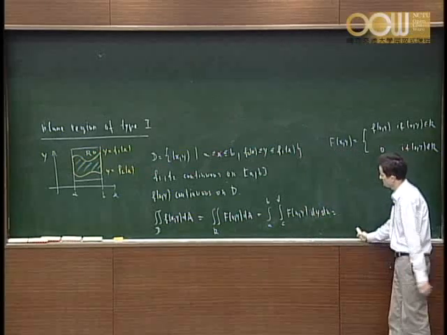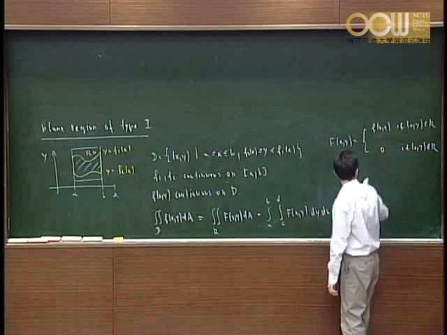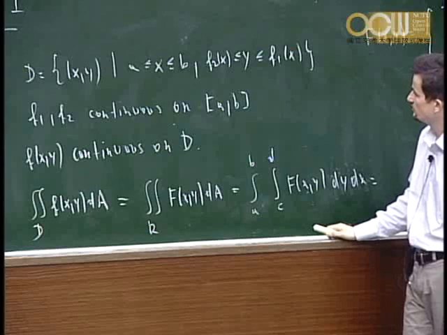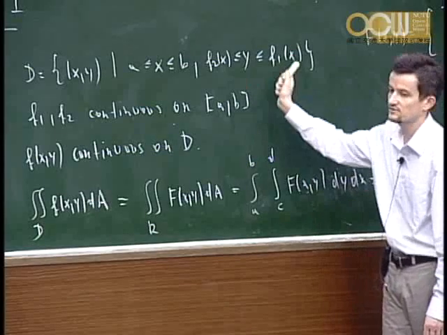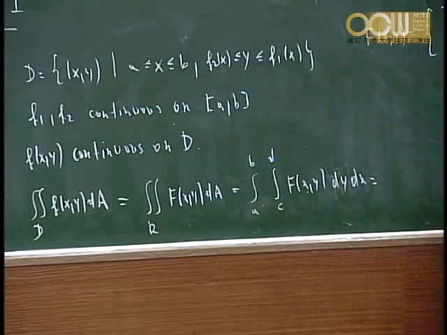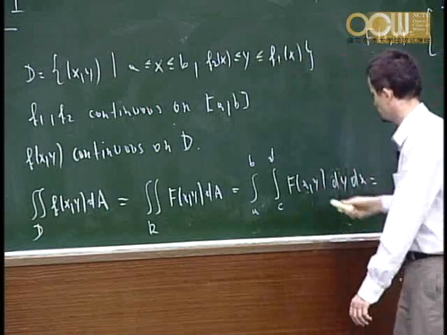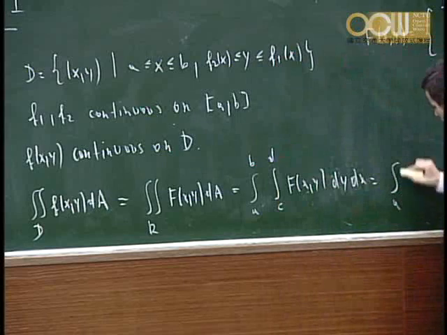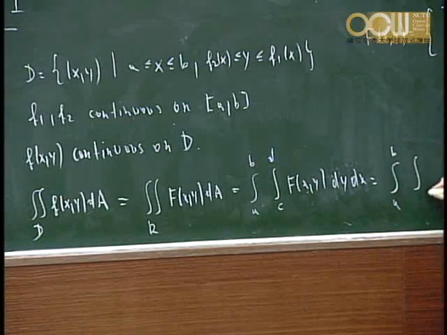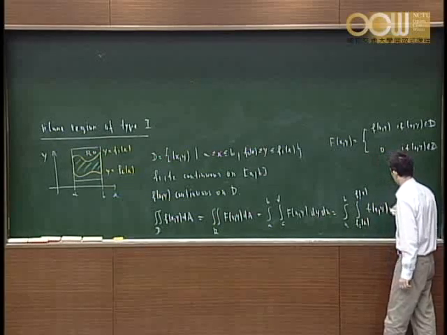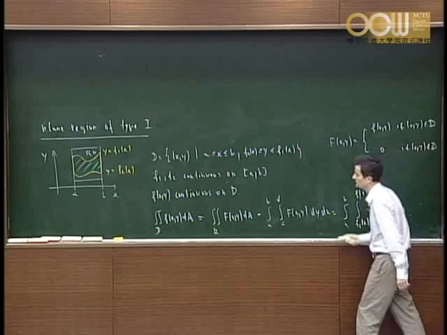But you see that here you can restrict, because this function is 0 if you're outside of R. When x is fixed, then we are inside of D if y satisfies this, and outside of D if y does not satisfy this. So we can restrict this to f2 of x to f1 of x, and then we have f of x, y, dy, dx.